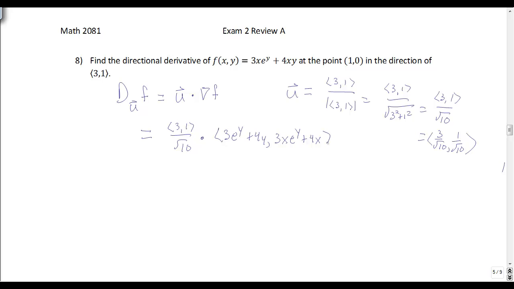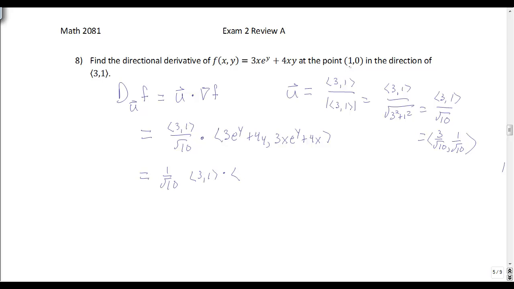So I'm going to dot these two vectors. Now, because I only care about this at the point when x is 1, y is 0, I'm going to plug those in right now. So a couple things. I can have a 1 over square root of 10, (3, 1). I can sort of move that scalar out there. That's why I didn't convert this into here, because I sort of saw that would be a nice thing to do. Presumably in the future makes the dot product calculation a little easier to think about.